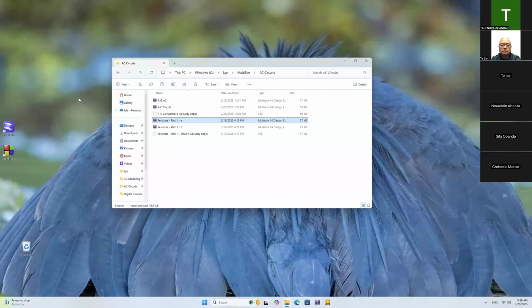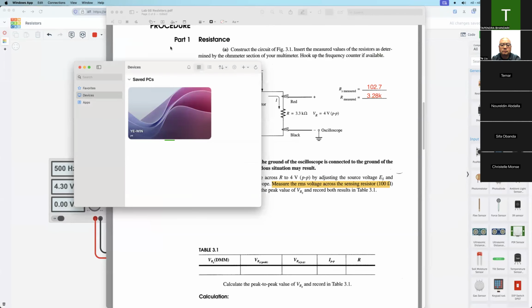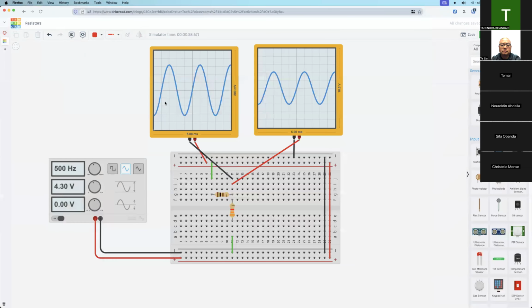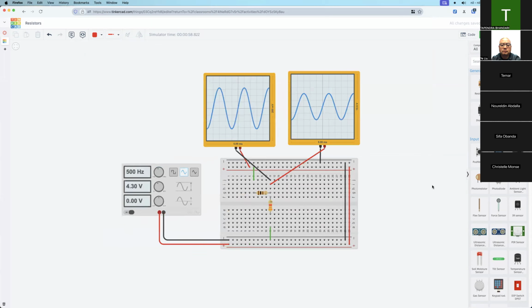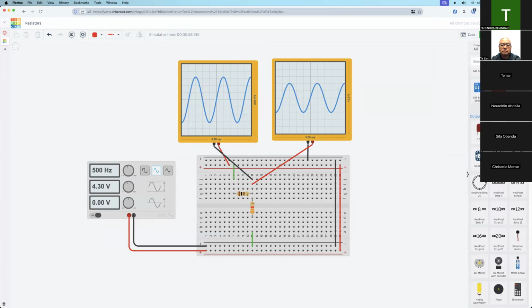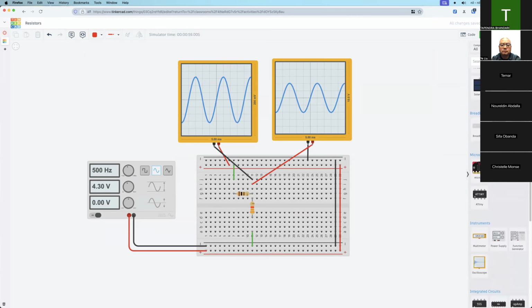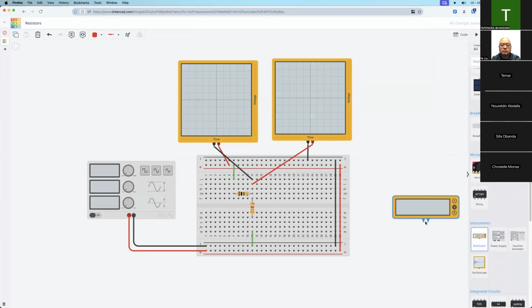Professor, we don't have the multimeter. That is why you just use Tinkercad, because you don't have this one. Let me show the multimeter here to you, to show why we currently use the oscilloscope.